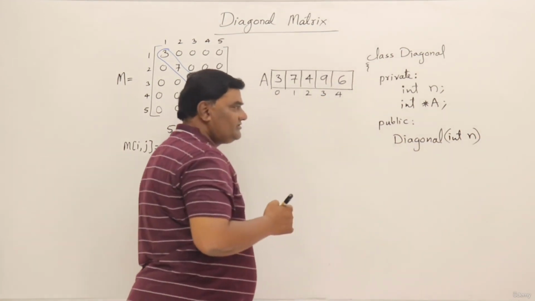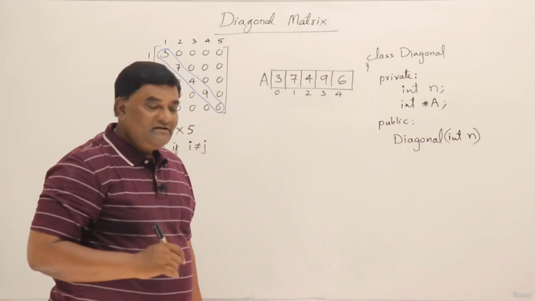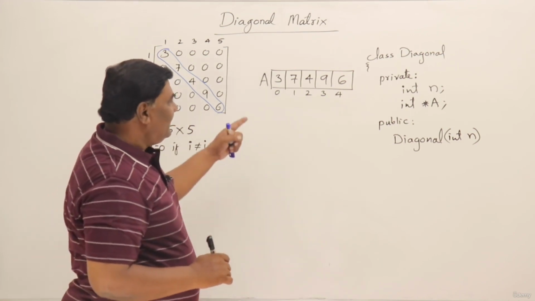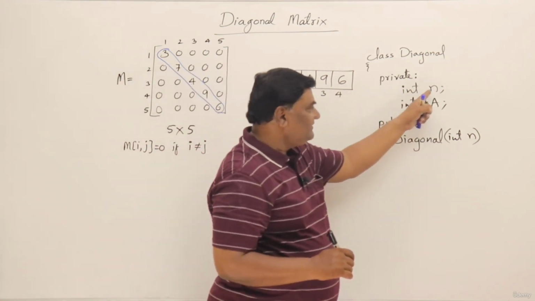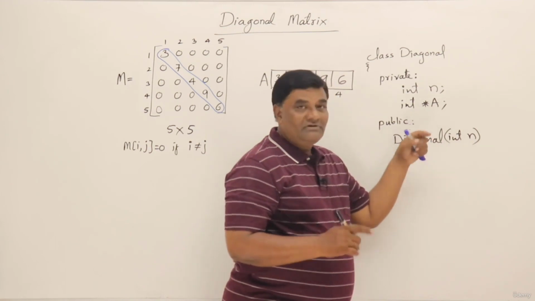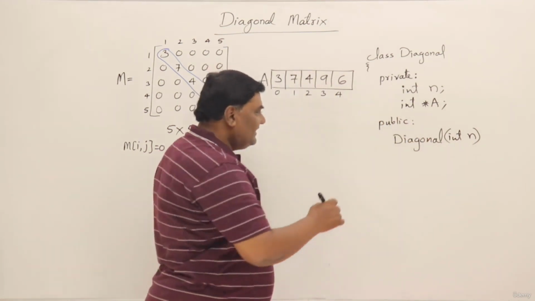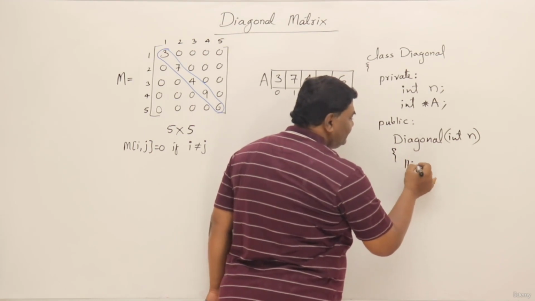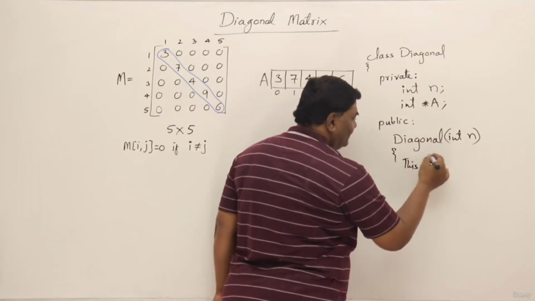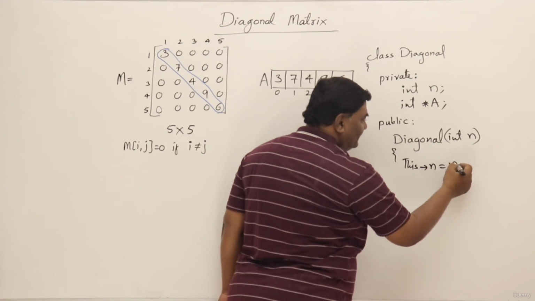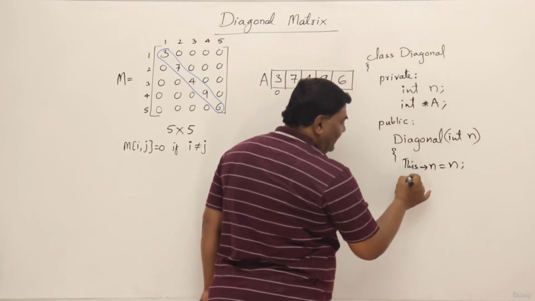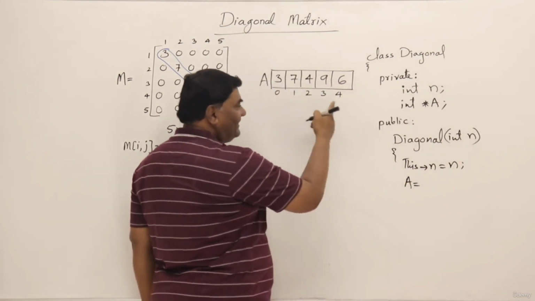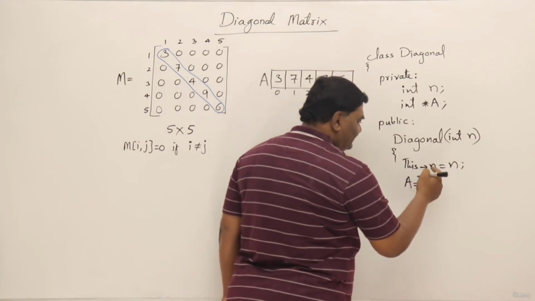This will take a dimension. Then inside the constructor, I should set this n to this parameter, and also create an array of the same size.